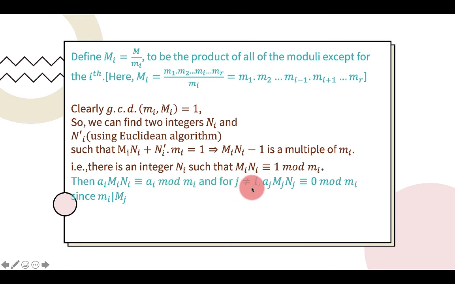And for j not equal to i, if we consider the product aj into capital Mj into Nj, then we already know that capital Mj, this number, is divisible by small mi from the definition of Mj itself. That is, aj into capital Mj into Nj will be congruent to 0 modulo mi.